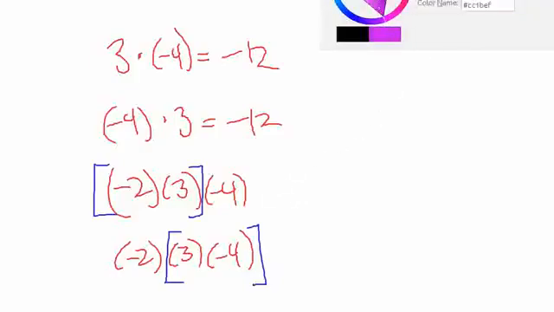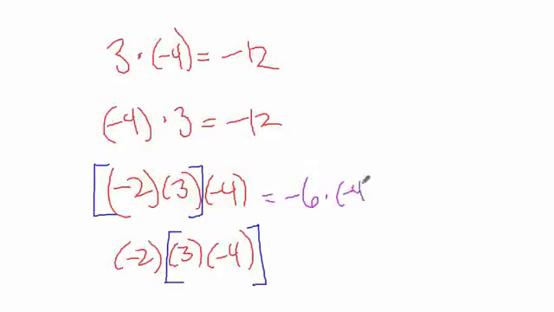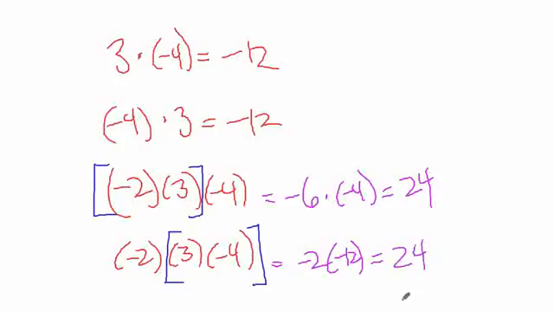Either way, you will get the same answer. The first will give minus 6 times minus 4, which is positive 24. The second way will give minus 2 times minus 12, which is positive 24. So we say that, again, multiplication with integers is commutative and associative.